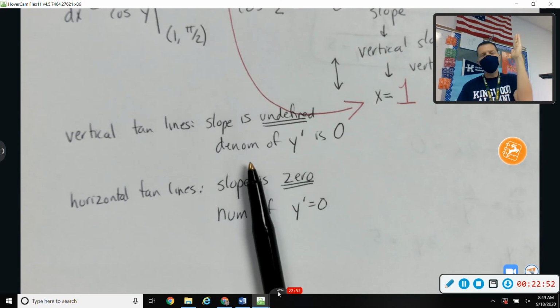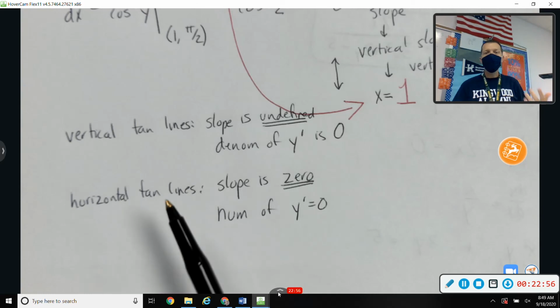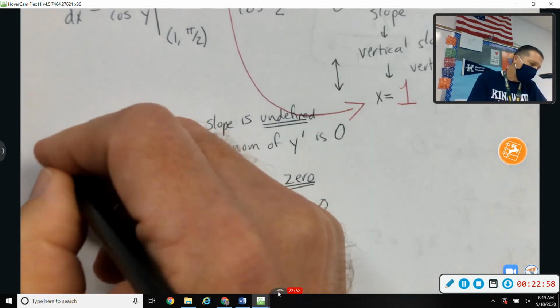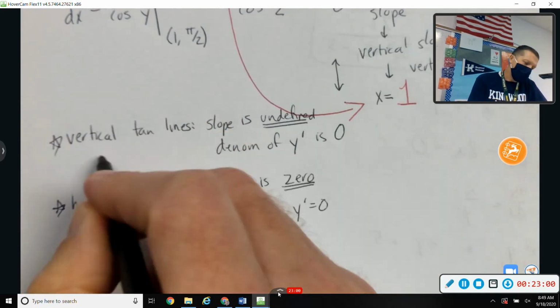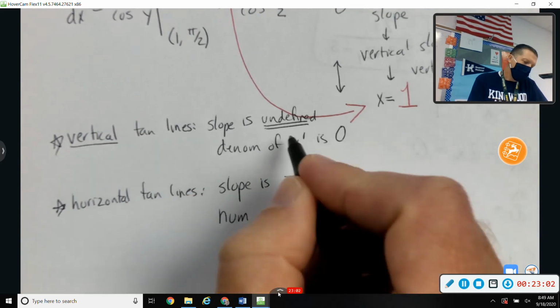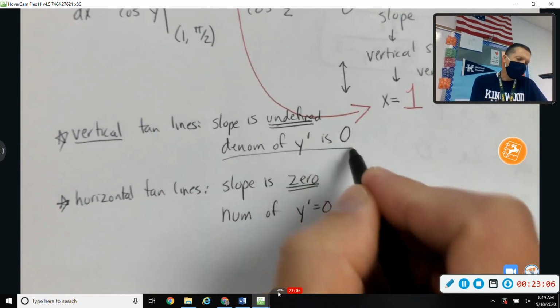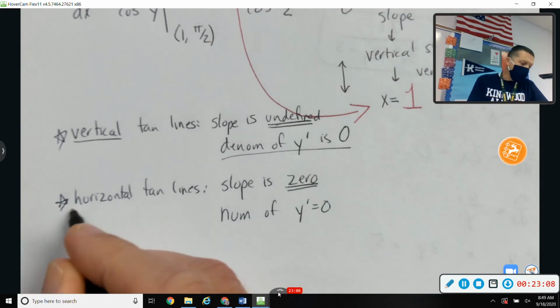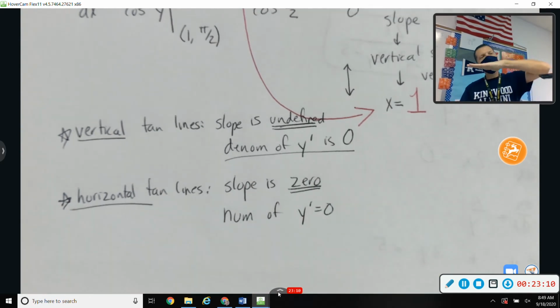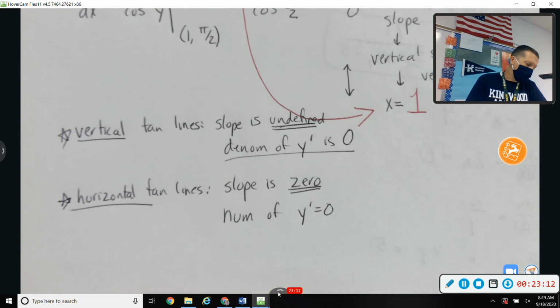It doesn't mean there's not a line, it just means it's undefined slope versus 0 slope. And now we see it again in calculus. Vertical means undefined slope. Undefined slope happens if the denominator is 0. Horizontal, we've done some of those. That's the slope of 0, so that would be the numerator being 0. That'll help on some of the homework assignment.